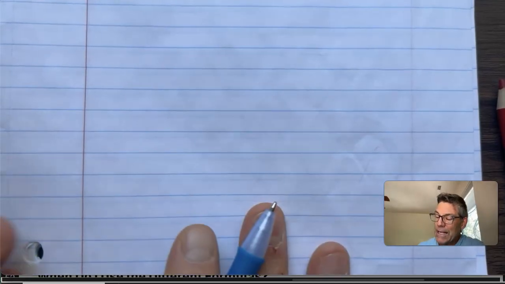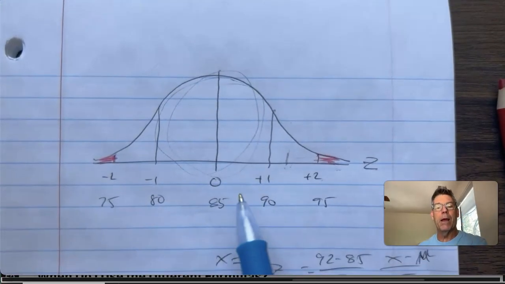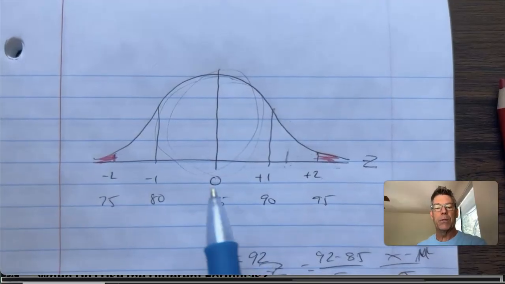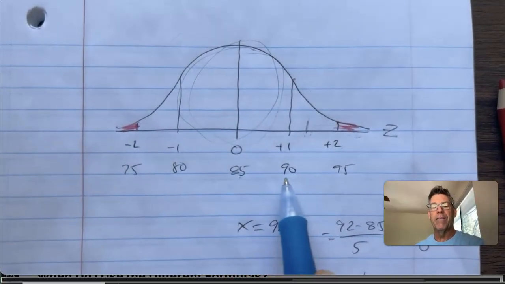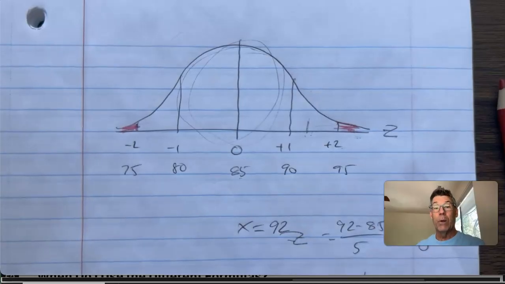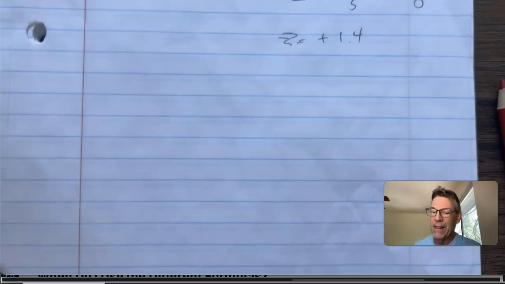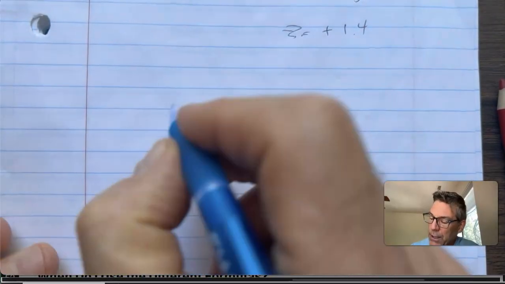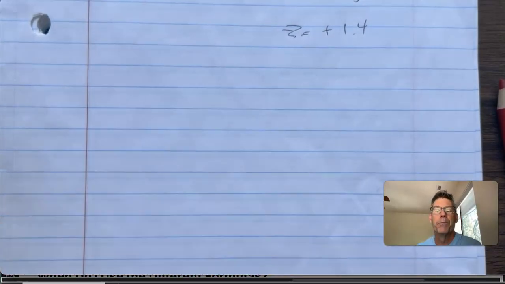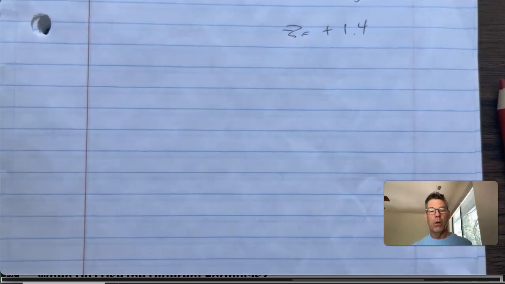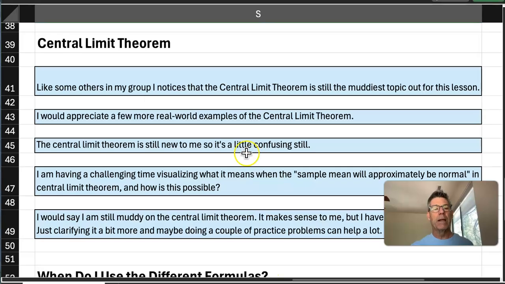All right, so in that case, we can't compare them to individual scores because individuals have a mean of 85, standard deviation of 5. We need to compare them to a distribution of sample means, and that's ultimately what we're trying to do. So here's essentially the ultimate goal of what we're trying to get at here.